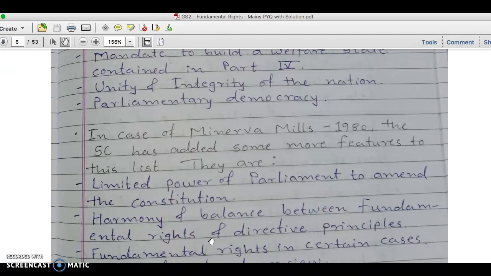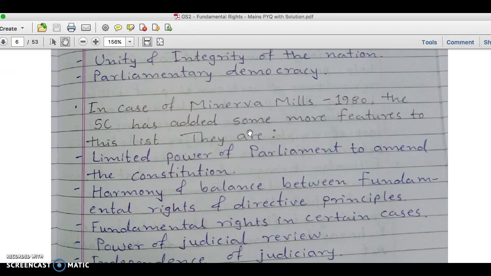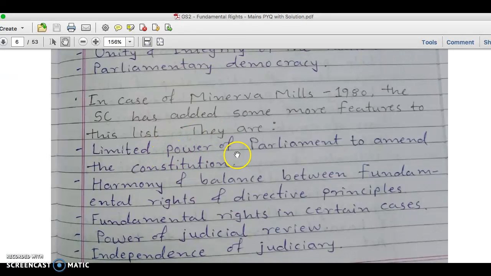Now, when we talk about the case of Minerva Mills in 1980, the Supreme Court added some more features. They limited the power of Parliament to amend the Constitution.